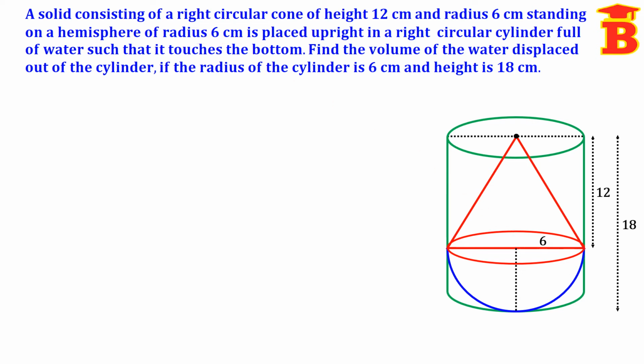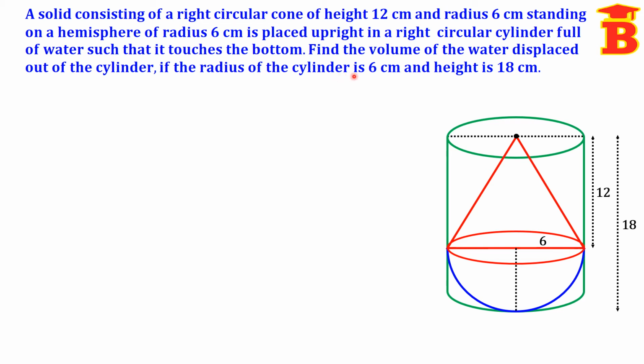And this is placed in a cylinder which is full of water. So this cylinder we have full water. So this solid is placed inside the cylinder such that it touches the bottom. Now the question is, we have to find the volume of the water displaced out.